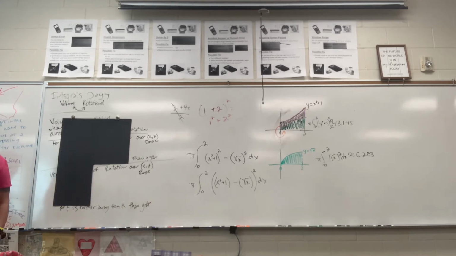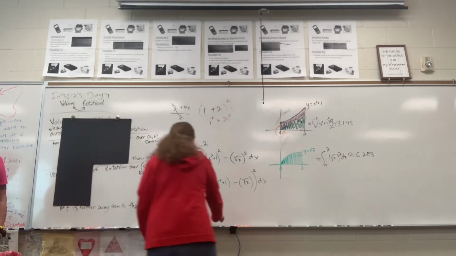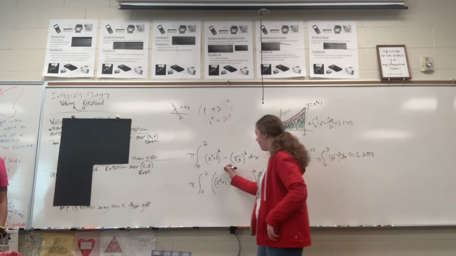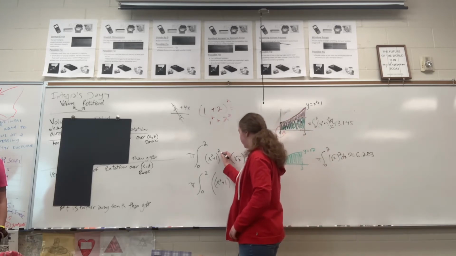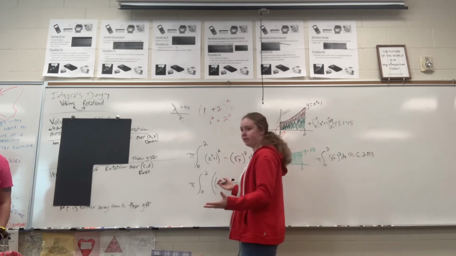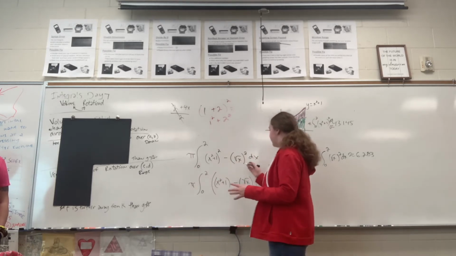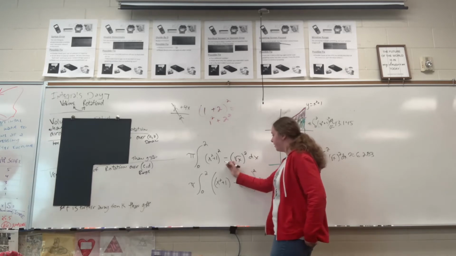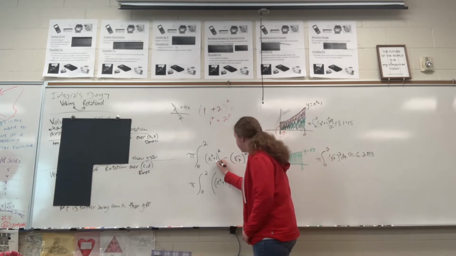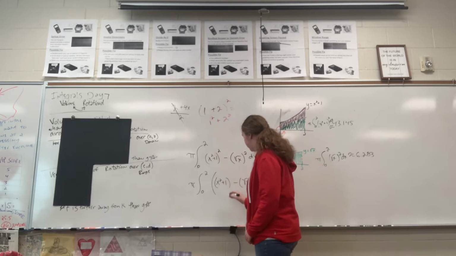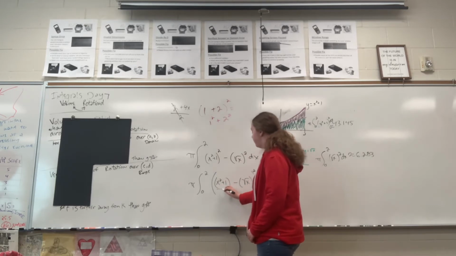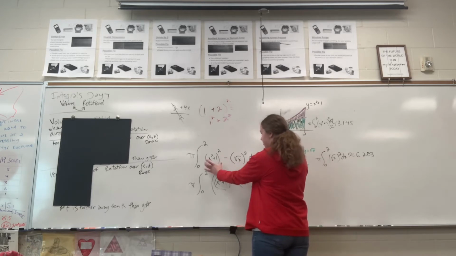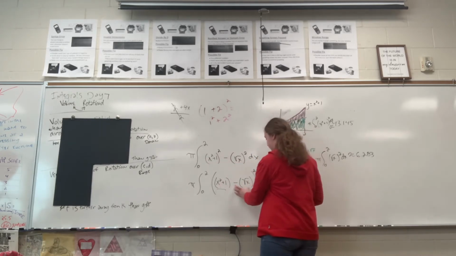So, this bottom one is going to be smaller because instead of having a number and squaring it like this, once it's squared, it's going to be a bigger number, right? And then you do that with the other one. But since this number is bigger than just this number, the difference between these numbers would be greater than the distance between these numbers.